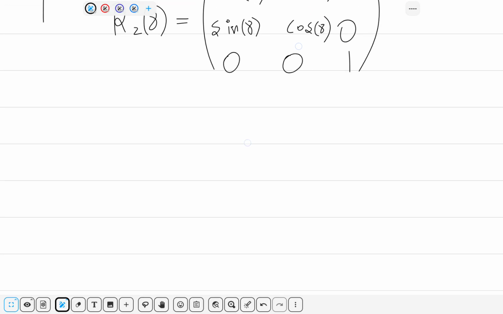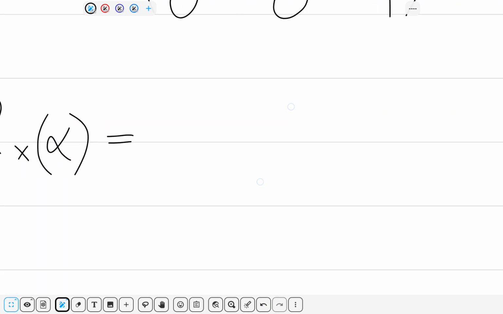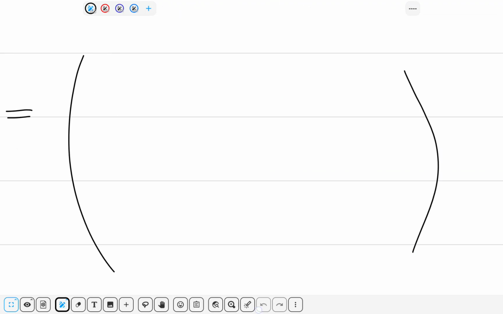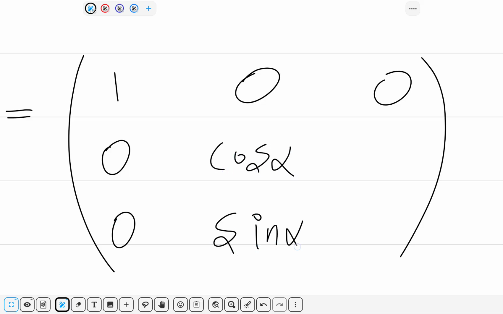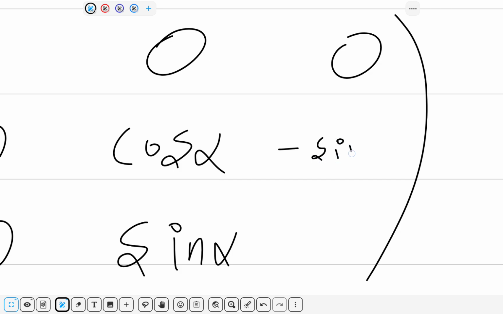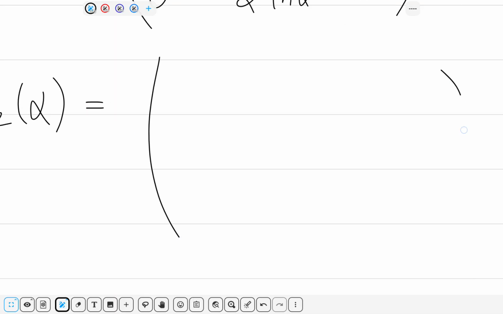And you can do the same thing for rotation about the x and y. So let's say alpha rotation about the x, and I can write this as: this will be unchanged, and it's cos alpha, sin alpha, minus sin alpha, cos alpha. And finally you have the last rotation, which is this.